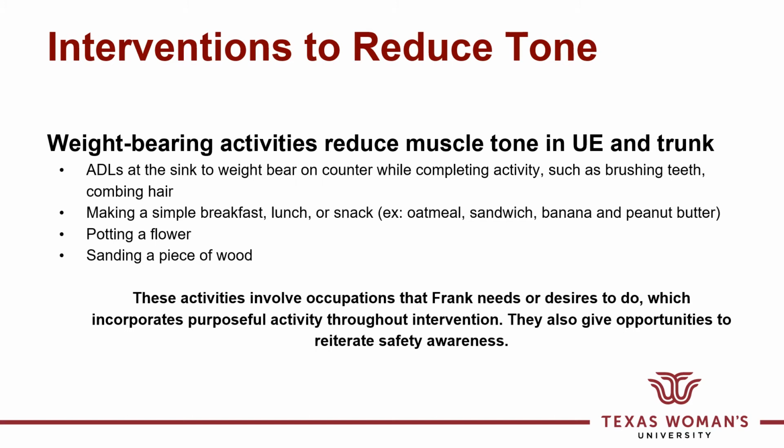So we can do these by having him weight bear on the left during ADL activities at the sink, while completing the activities such as brushing his teeth, combing his hair, making a simple breakfast, lunch, or snack in the kitchen by weight bearing through the left and then doing the activity with the right hand, potting a flower or a plant, and sanding a piece of wood. So these are all things that Frank has done in the past or he likes to do and wants to get back to doing. So we can incorporate these weight-bearing activities through his wants and needs.